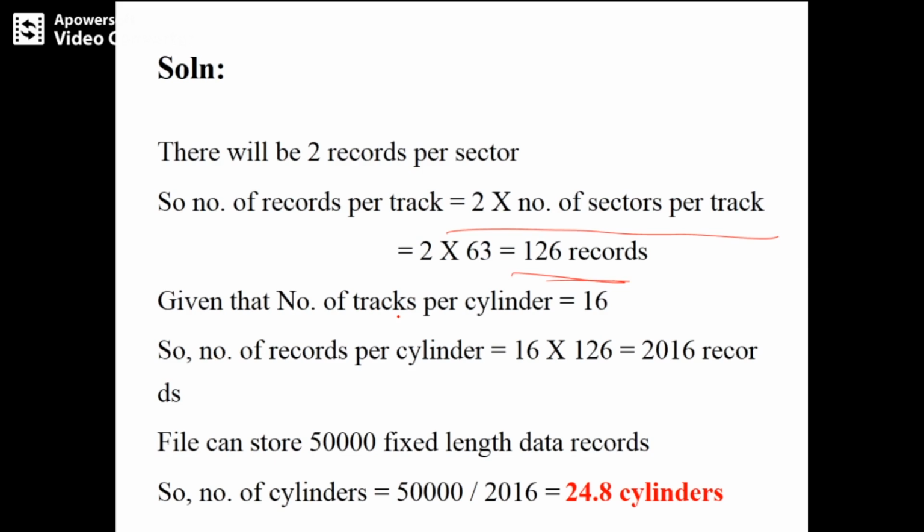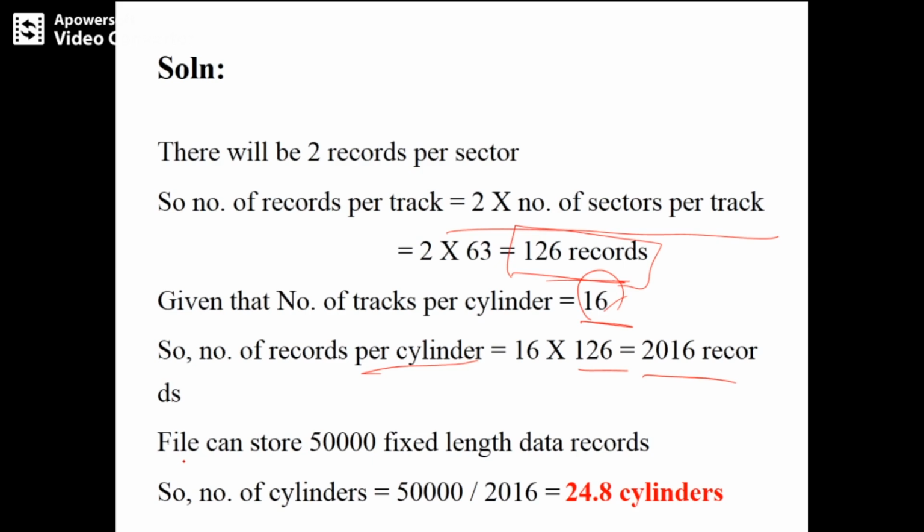Given that the number of tracks per cylinder is 16, how many records do you have per cylinder? That can be done by multiplying 126 records by 16, which gives the number of records per cylinder.